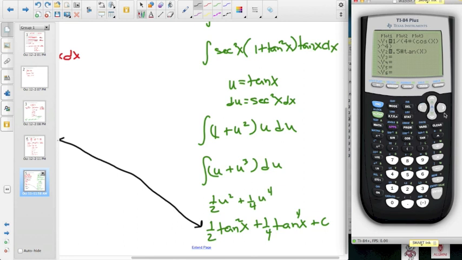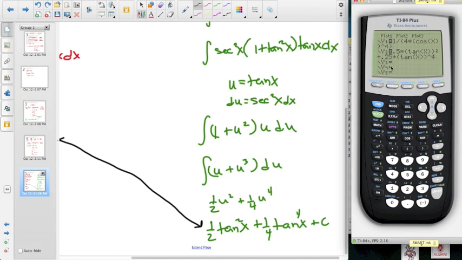So I'm going to come back here and insert a bracket, and come over here and put in a bracket and square that, and then I'm going to add to that plus 0.25 times, and I'm going to set my bracket up ahead of time this time, tangent of x to the 4th power. There we go.